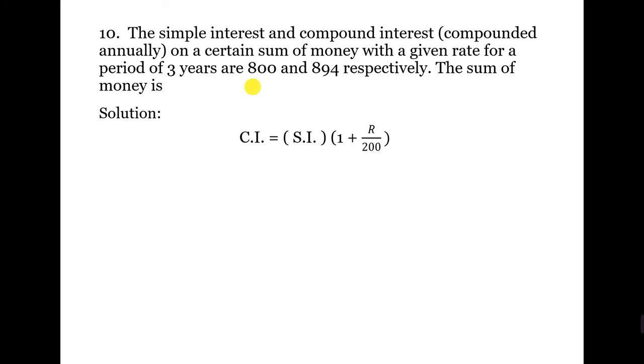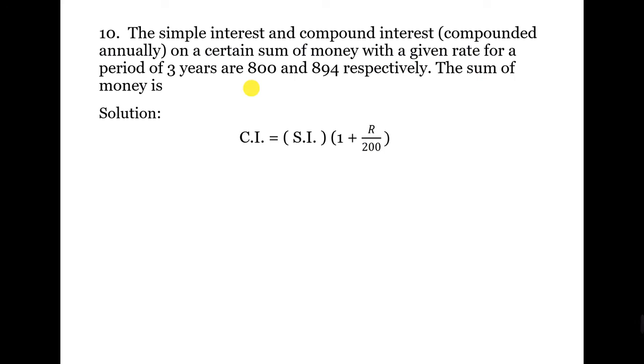For sample problem number 10, the simple interest and compound interest compounded annually on a certain sum of money with a given rate for 3 years are 800 and 894 respectively. Now the sum of money is? In this problem, we will solve first the rate and the last one is the principal amount related to the compound interest and simple interest.